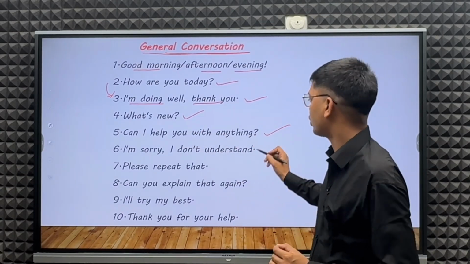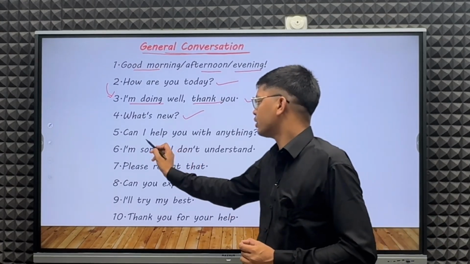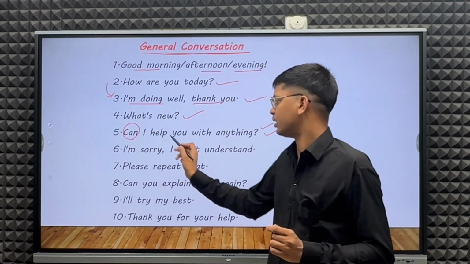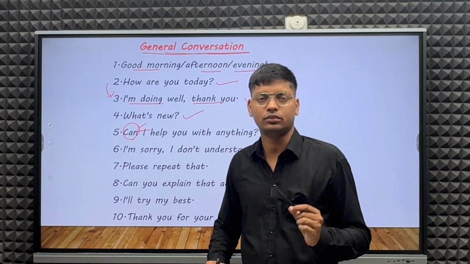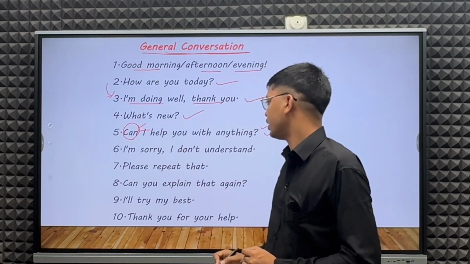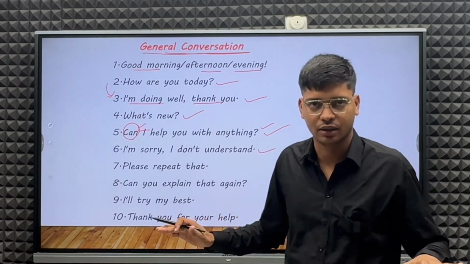Can I help you with anything? It's an interrogative sentence. An interrogative sentence means it has a modal verb at the start of the sentence. Next, I am sorry, I don't understand.